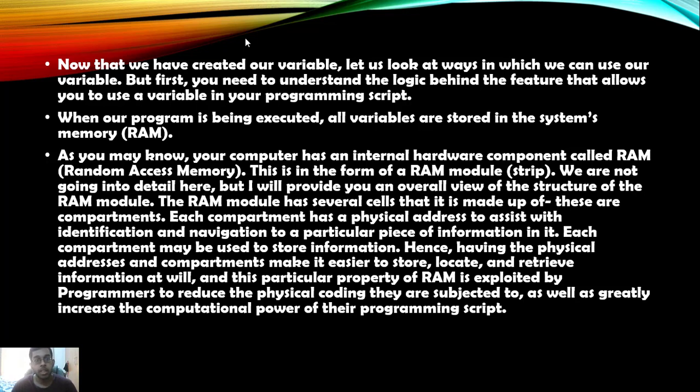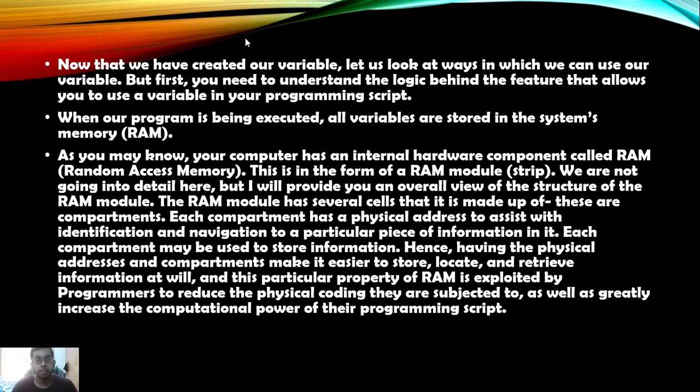We are not going into the detail here, but I will provide you an overall view of the structure of the RAM module. The RAM module has several cells that it is made up of. These are compartments. Each compartment has a physical address to assist with identification and navigation to a particular piece of information in it.